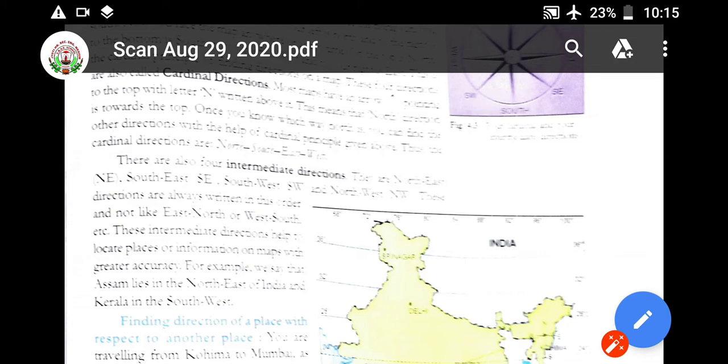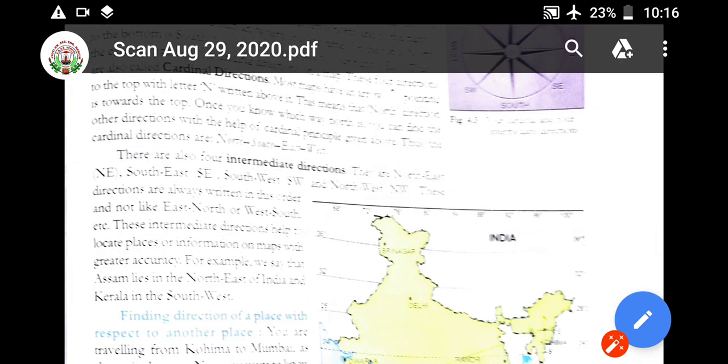For example, we say that Assam lies in the northeast of India. You have the map of India, and now it is telling that Assam is in the northeast. So you make four parts of the directions, north, south, west, east, right? Now it is telling that Assam is in the northeast. Where is your east side? Your right hand side, and north.